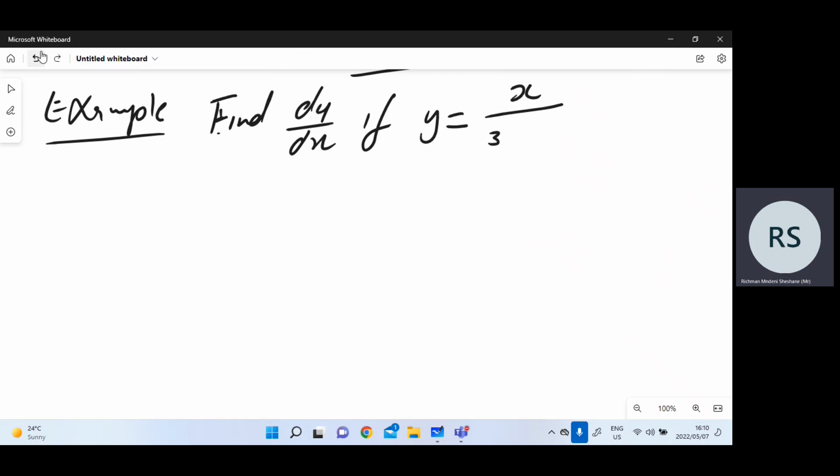Let's make some mess. My function y is x over cube root of x squared plus 4. Okay, this is my function. So what you notice here, I see a quotient function of a function. I'm going to find a derivative using the quotient rule.